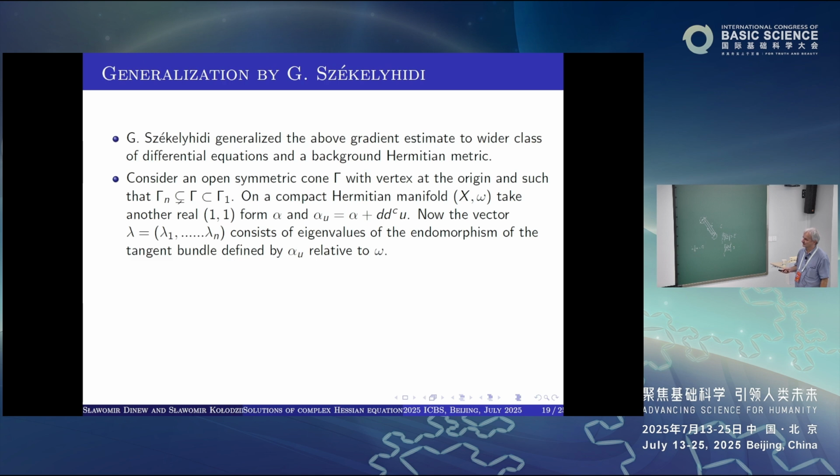This notation alpha_u stands for alpha plus dd^c u. Now, instead of the lambdas considered before, we consider eigenvalues of the endomorphism of the tangent bundle defined by alpha_u relative to omega, which will be explicitly written on the next slide.